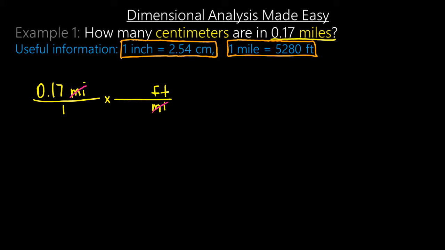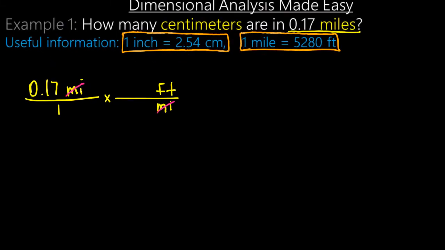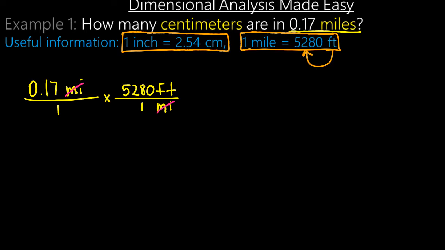Feet and miles are related because 1 mile is 5,280 feet. The smaller unit, such as the feet, will have the bigger number. And miles, which are bigger than feet, will have the smaller number. And that makes sense because it takes lots of smaller feet to make up one big mile.